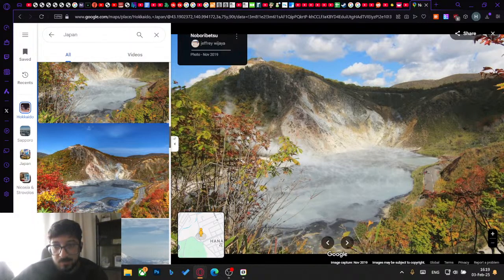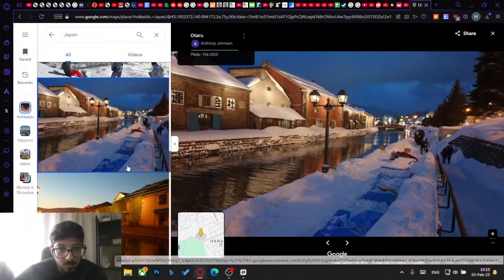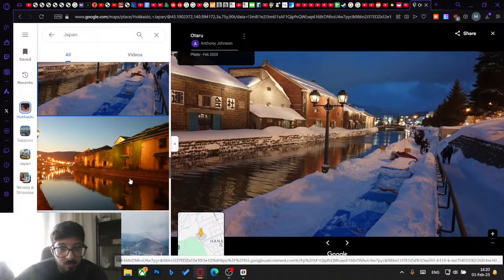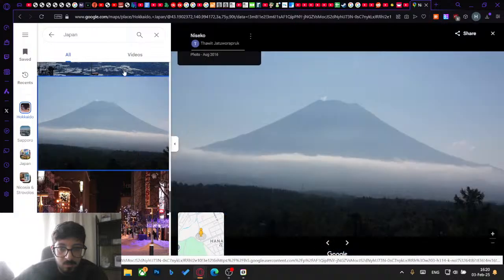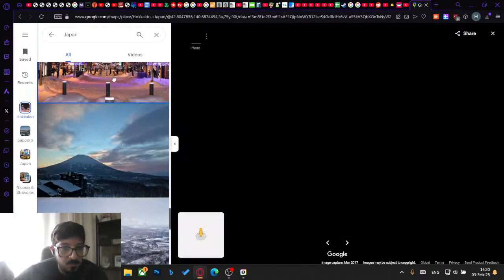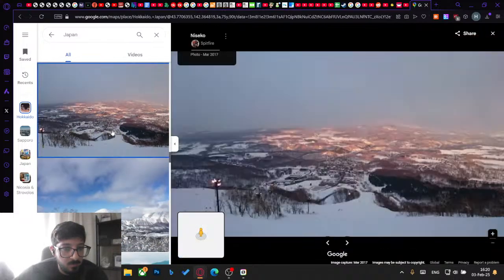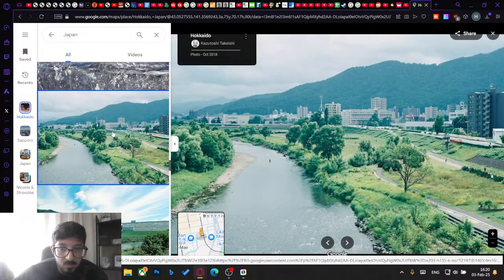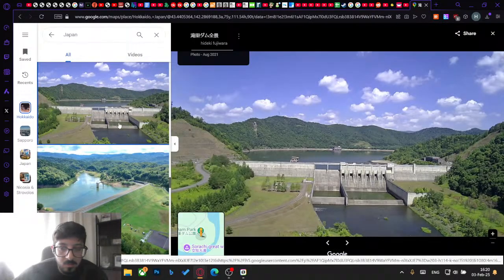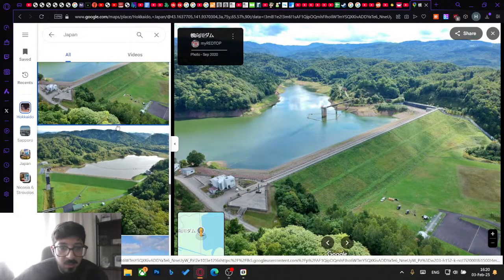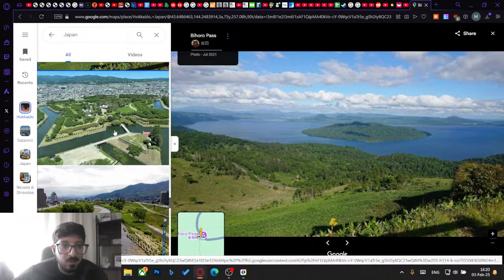Oh, what's this? Hot spring? River with snow. In the summer, that's all snow. A green area. I want to see green areas. I like greenery.